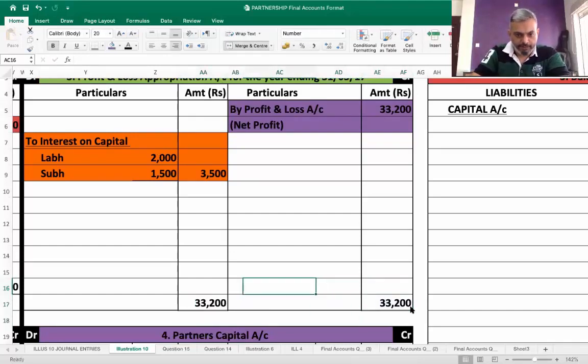Now let's find out the profit. Profit comes to 29,700. यहाँ तक करके wait करो for a while till everyone does it.